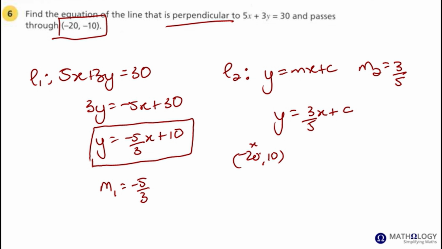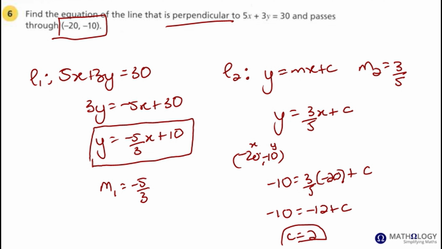So x is minus 20, y is minus 10. So minus 10 equals 3/5 times minus 20 plus c. Minus 10 equals minus 60/5, which is minus 12, plus c. c equals 2. So line 2 has the equation y equals 3/5 x plus 2.